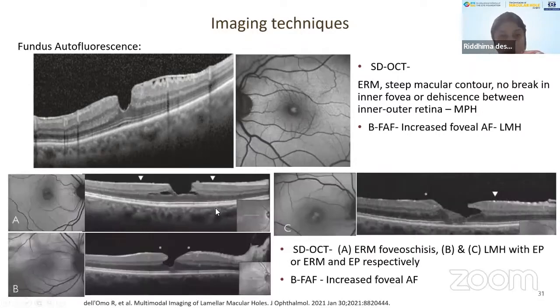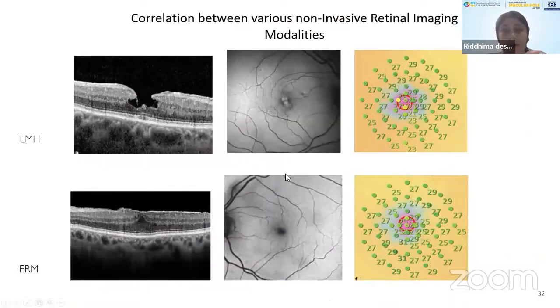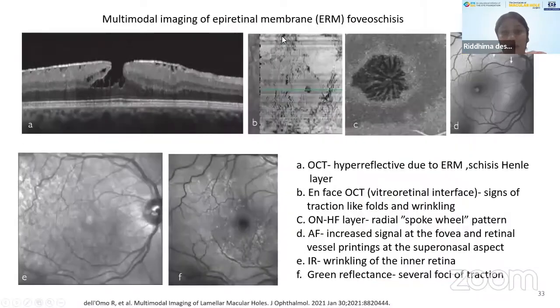All these are examples of lamellar hole, and all the fundus autofluorescence images here show presence of hyperautofluorescence at the macula, indicating tissue loss. Again, on microperimetry, retinal sensitivities are reduced in the area of abnormal autofluorescence. On an NFAS OCT in ERM foveoschisis cases, you can see signs of traction, like these dark folds and wrinkling.